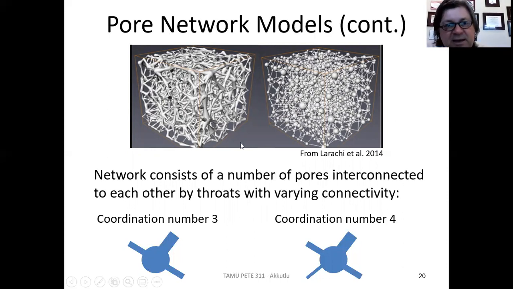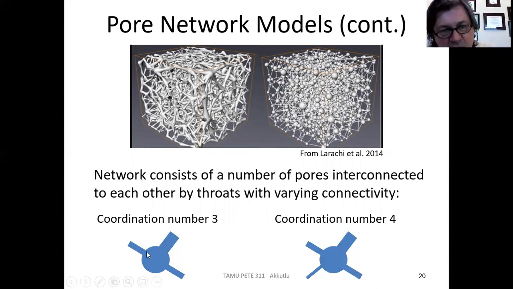But on the left hand side, I think there is a beautiful picture of another approach, a digital approach, where you can see the connectivity between the pores very well. For example, here's one pore. Can you see my pointer? And this is connected to another pore this way, and this way, and that way. It seems like it has 3 connectivity. So this is what we call coordination.